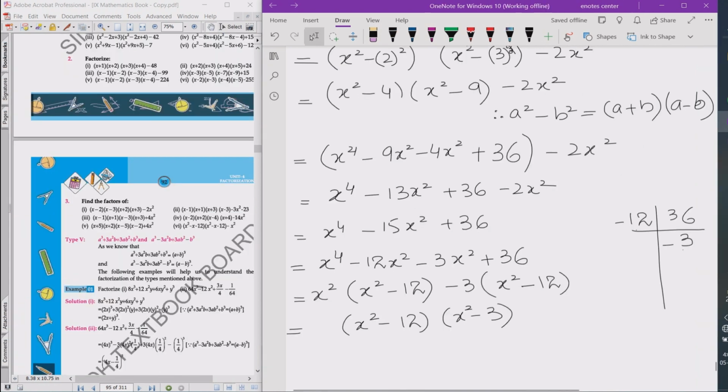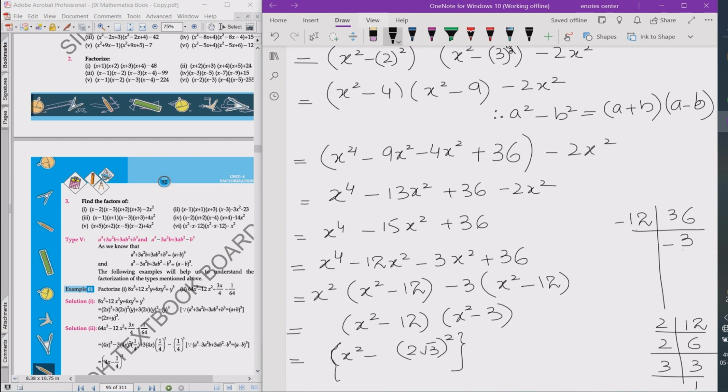So again we want to solve it further. Here we will make 12: divided by 2, 6; 2 3s are 6; 3 1s are 3. So here we have 2 root 3, the whole square of this term.